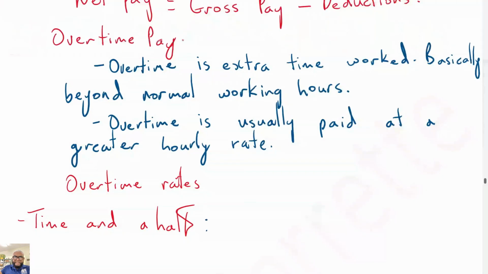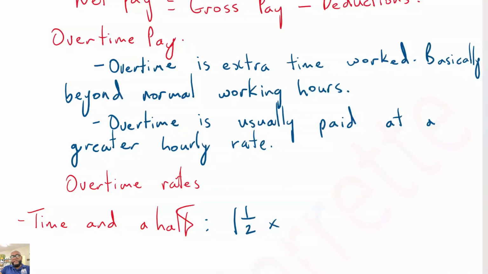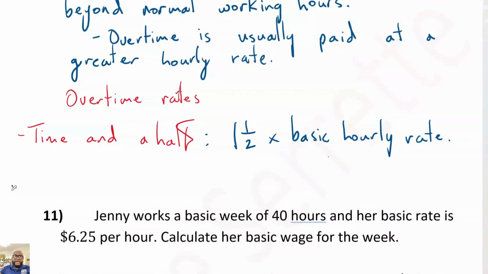This is calculated as 1.5 multiplied by your normal or your original hourly rate. We call it basic hourly rate. Alright? That's how you calculate time and a half.